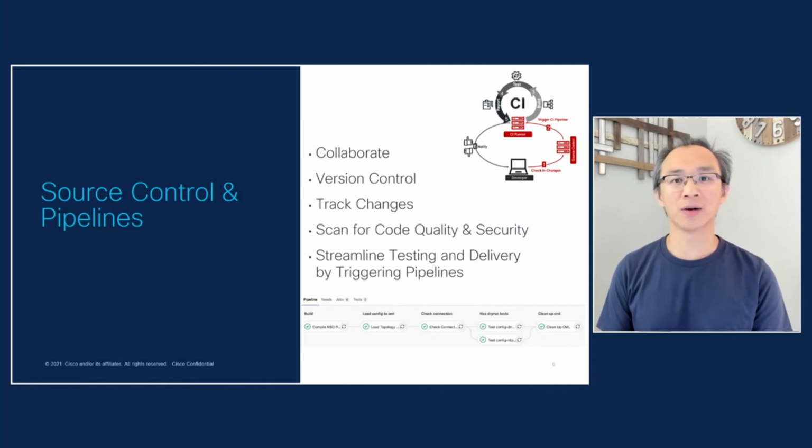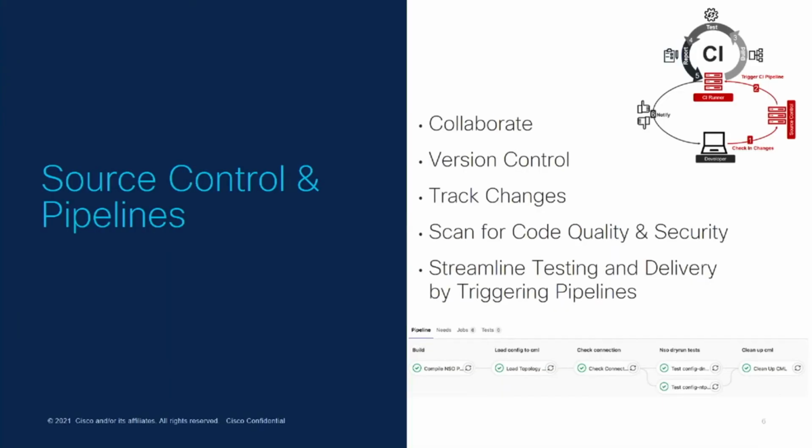In our case, we are using GitLab as the source control system, so that this Git system can track the changes, and then we can cooperate with different developers and make sure of the code quality. And also, we can streamline the testing and delivery by triggering the pipelines.